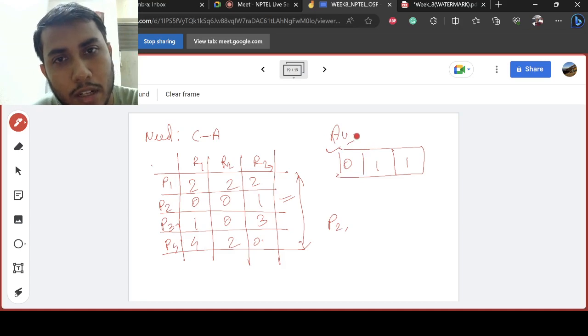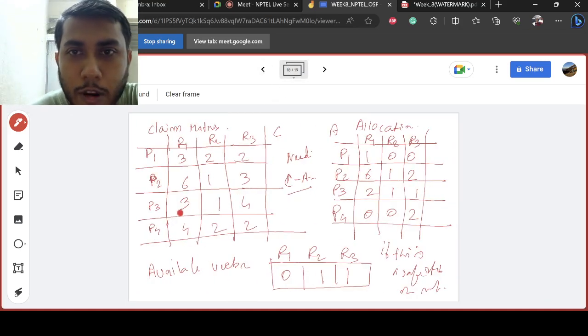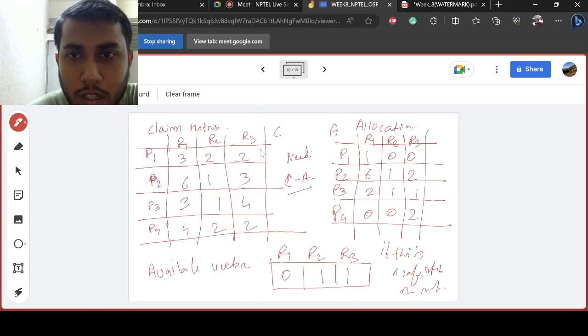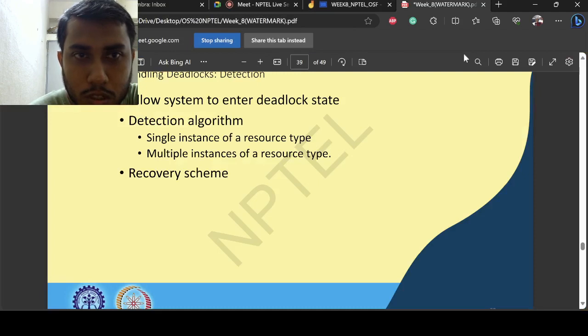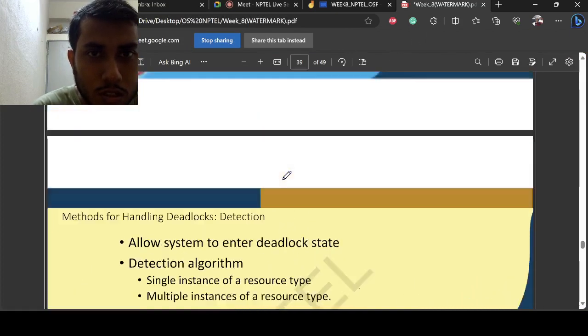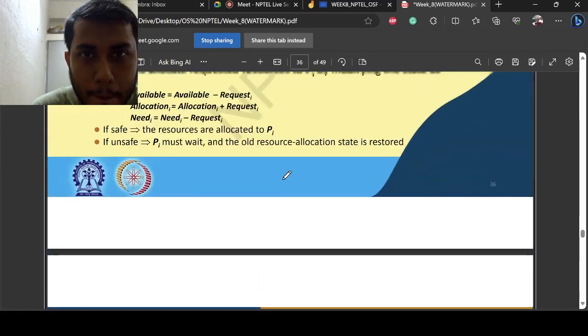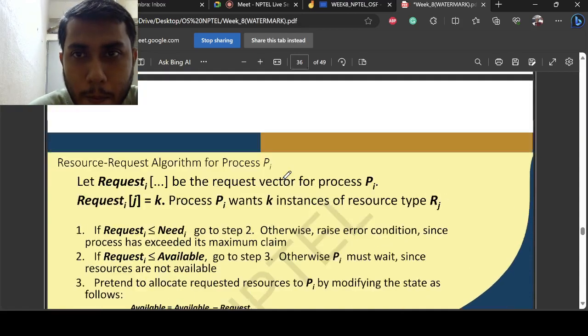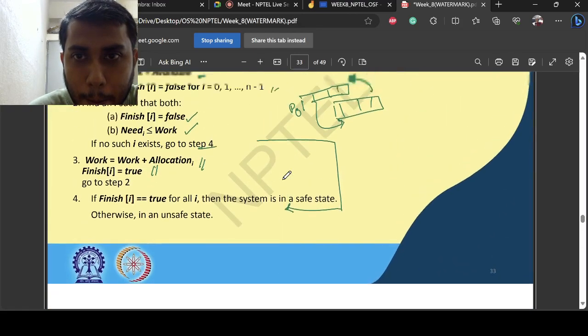After this, whatever P2's allocation was will be added to the available vector.